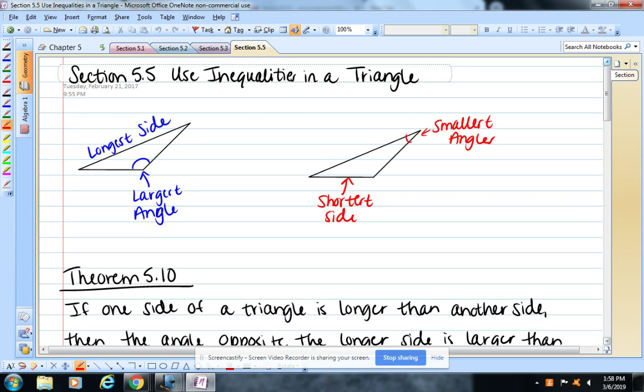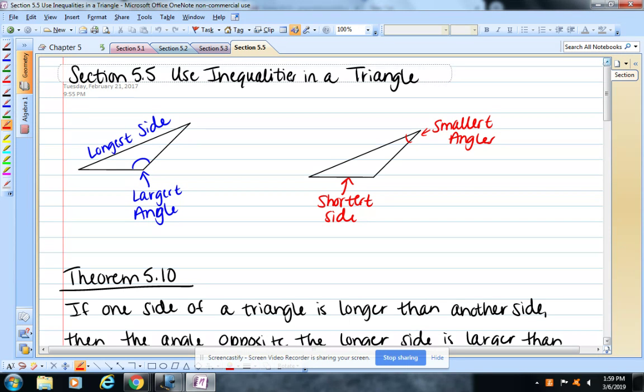So if you know the angle measures, then you can pick out the smallest side, the medium-sized side, and the largest side. So the largest angle is always across from the longest side, and the smallest angle is always across from the shortest side.